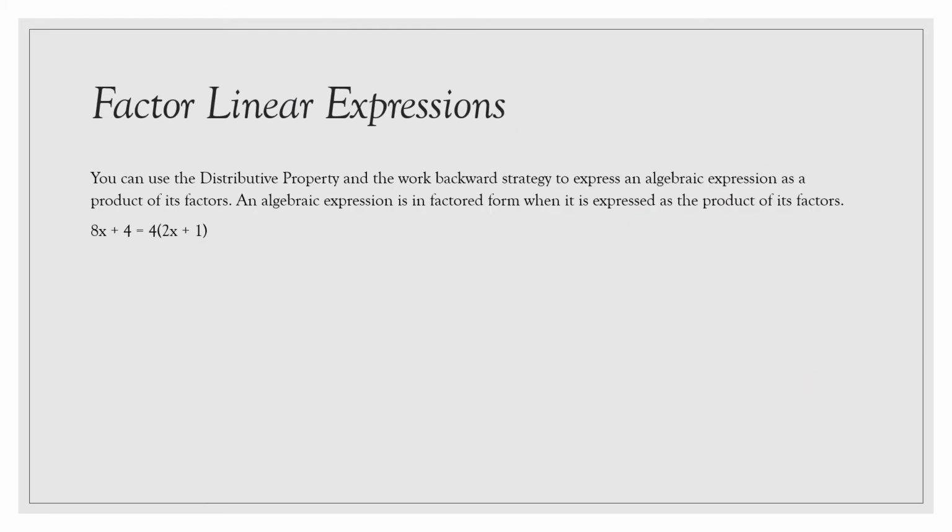All right, so what happens when we have a linear expression? Remember, a linear expression is a set of terms that we are being asked to add or subtract like we've been practicing before. So how do we factor it out? Well, we use the distributive property and we work backwards and we think backwards.